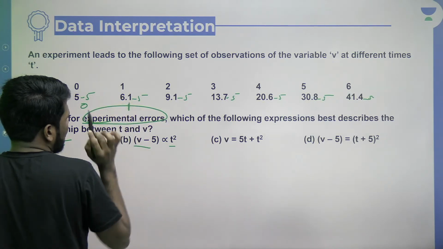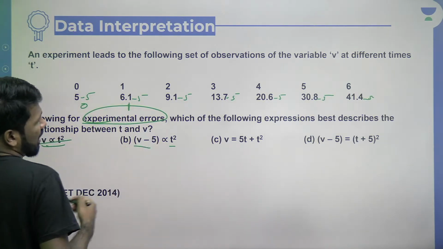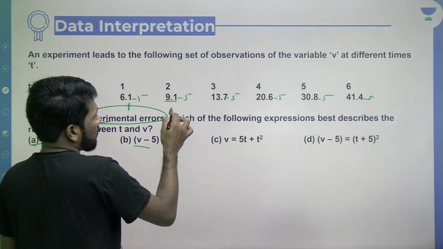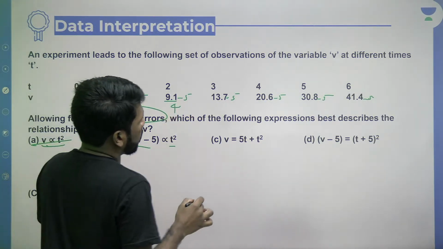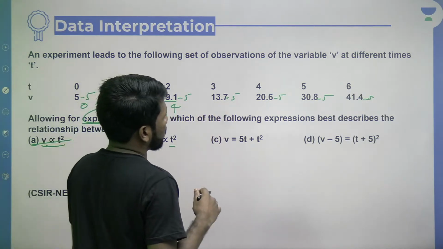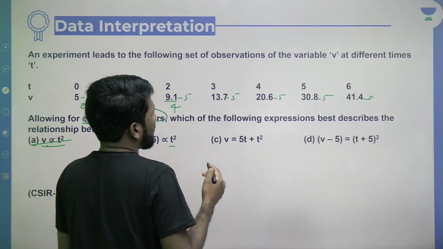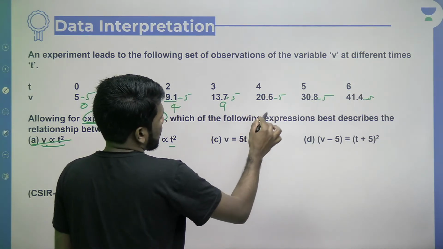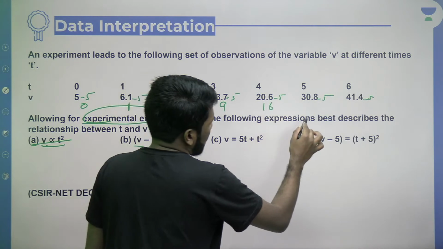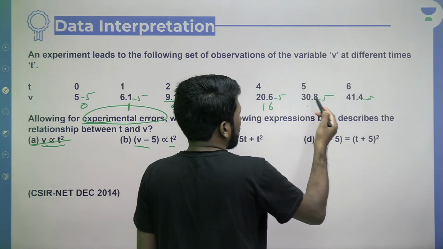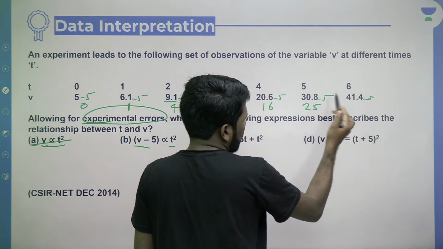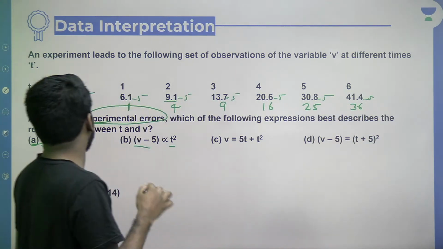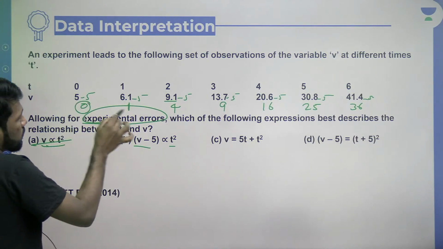I will approximate it as 1, because allowing for experimental errors, you can take that idea. 9.1 minus 5 is 4.1, approximately 4. 13.7 minus 5 is 8.7, approximately 9, rounding off. 21 minus 5 is 16 approximately. 31 minus 5 is 25, in the 26 range. 41 minus 5 is 36.